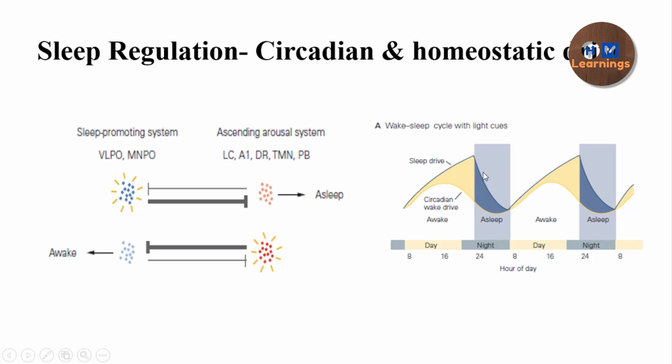So even though the sleep drive is lowering, the circadian drive is also lowering, and that is how it ensures that we get an adequate amount of sleep. Then at the usual time of our wakefulness, the circadian rhythm increases again, and the sleep drive also starts increasing because we are now awake and using our ATP.